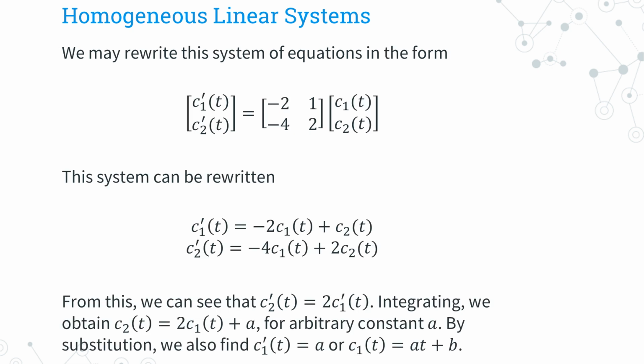If we subtract the vector of c1 of t and c2 of t times 2e to the 2t over to the right-hand side, and we combine some like terms, we get back to a linear system of the form c1 prime is equal to negative 2c1 plus 1c2, and c2 prime is equal to negative 4c1 plus 2c2, which we have here in the form of c1 prime equaling these coefficients times these variables, which are really functions.